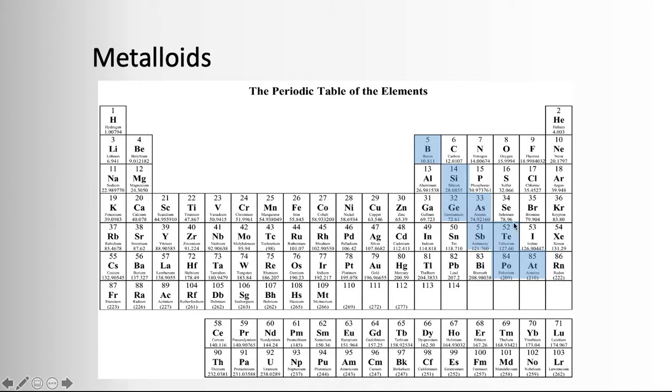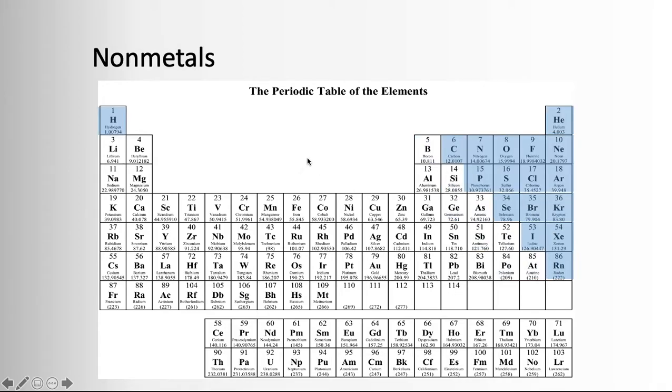But they're semiconductors. They're not full conductors. They don't conduct as well as metals, but they conduct better than the nonmetals. And we can actually dictate how they conduct, and that is what allows us to use them in chips, etc.